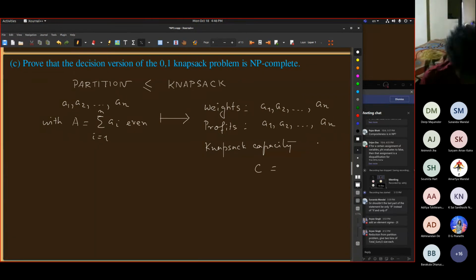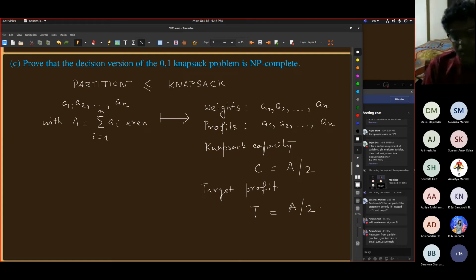A by 2. And what should be the target profit? Minimum target profit? A by 2. Again, A by 2. So it's not exactly target profit, minimum target profit.